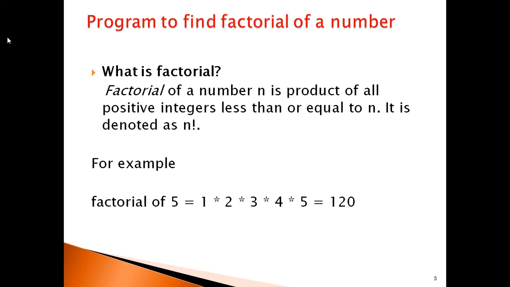If you take the number 6, then the factorial of 6 is 1 multiplied by 2 multiplied by 3 multiplied by 4 multiplied by 5 multiplied by 6. As we said in the definition, factorial is the product of all positive integers less than or equal to the number.